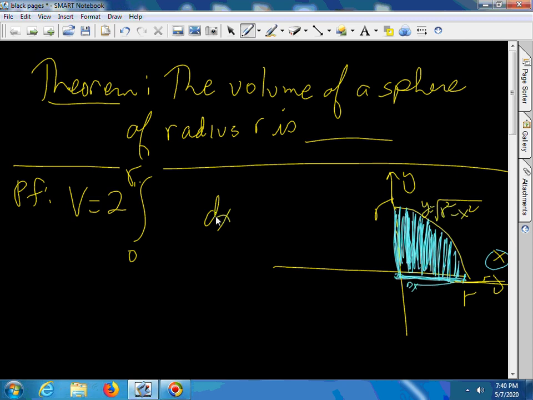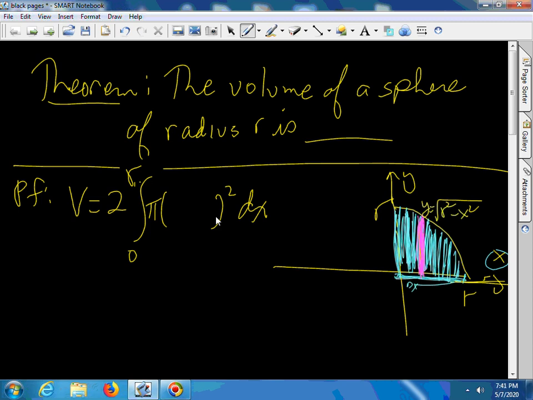Now, what is the height? So we know the formula is going to be pi times r squared. When we rotate this type of slab, we get a disk, and the volume of the disk is pi r squared. Now, what is the radius of this disk?